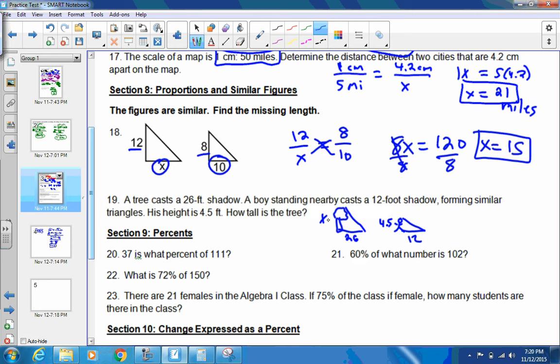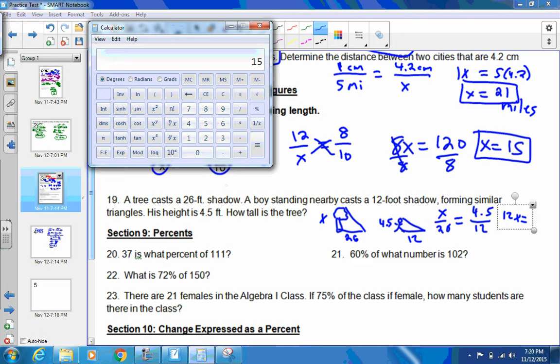We want to figure out how tall the tree is. So again, we can set up another proportion. Do x over 26 equals the corresponding part, so 4.5 over 12. And then you have a proportion to solve, and you get 12x equals whatever 4.5 times 26 is.